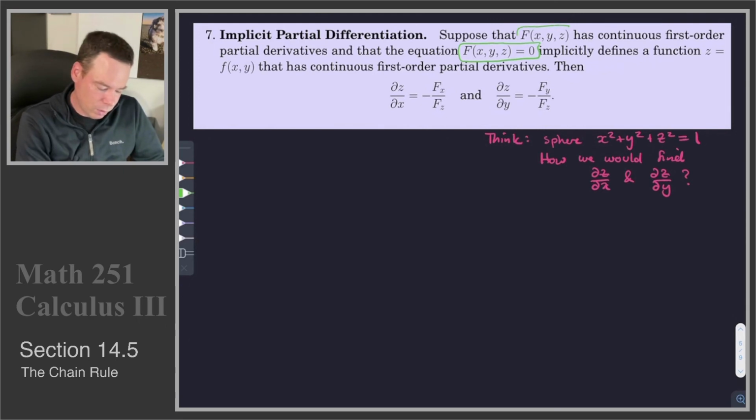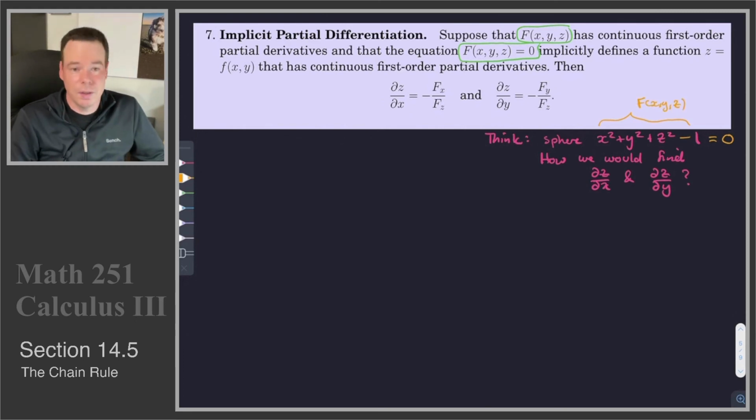So that's where we're starting. We're starting with a function of x, y, and z. If you want to think about our sphere case, I will just get rid of that equal sign, make it a -1, put it equal to 0. And so in this case, that is like our F of x, y, z function in this concrete example.